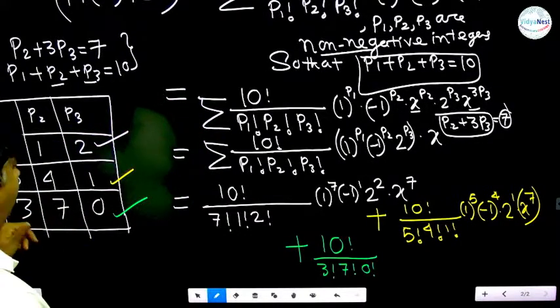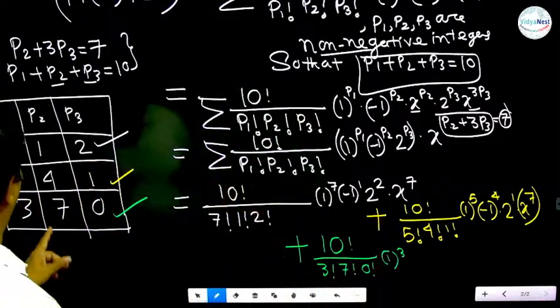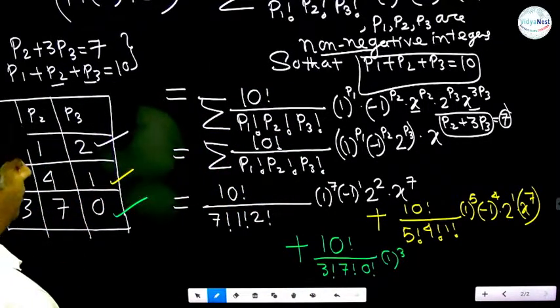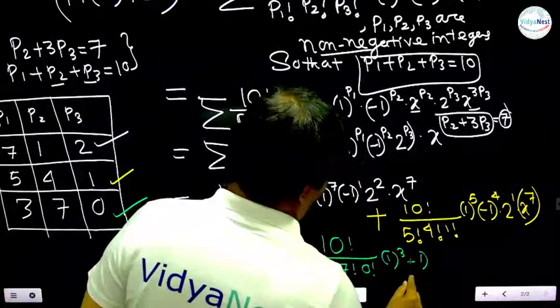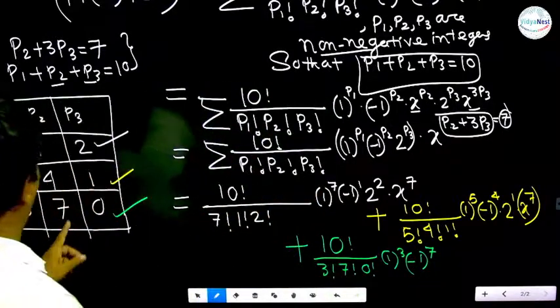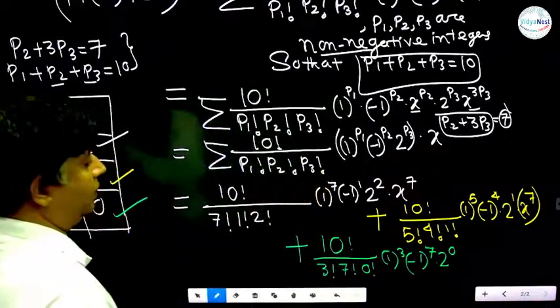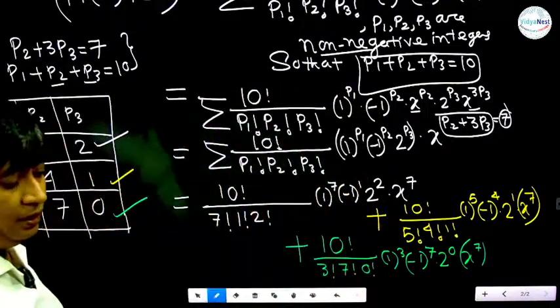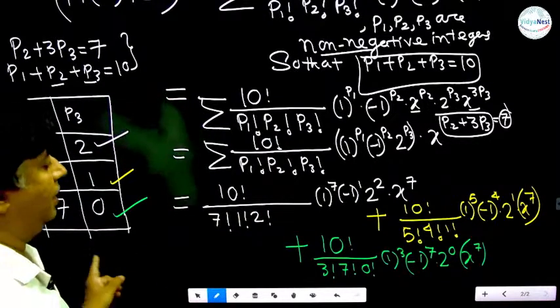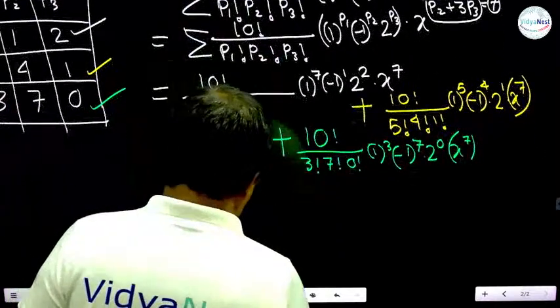Next, 1 to the power 3, minus 1 to the power 7 and 2 to the power 0, then x to the power 7. Now from the whole expansion we have to take x to the power 7 common. Yes sir. We are on the verge of calculation.